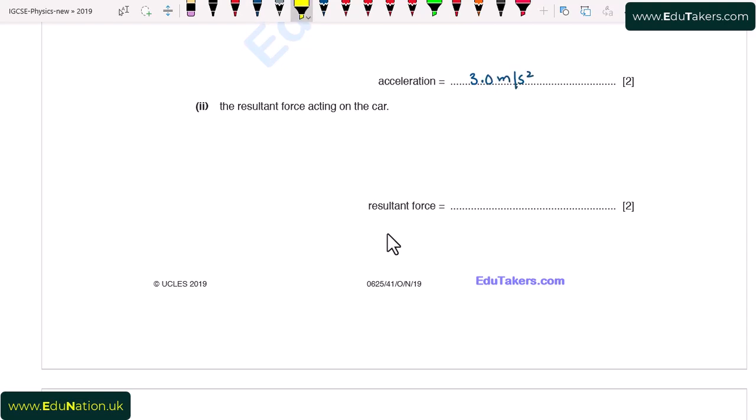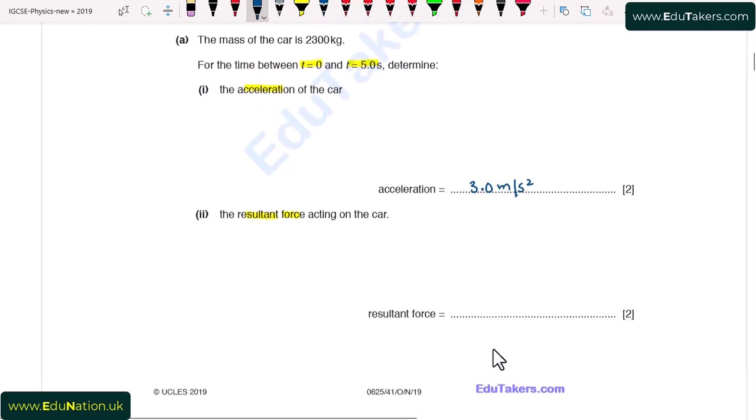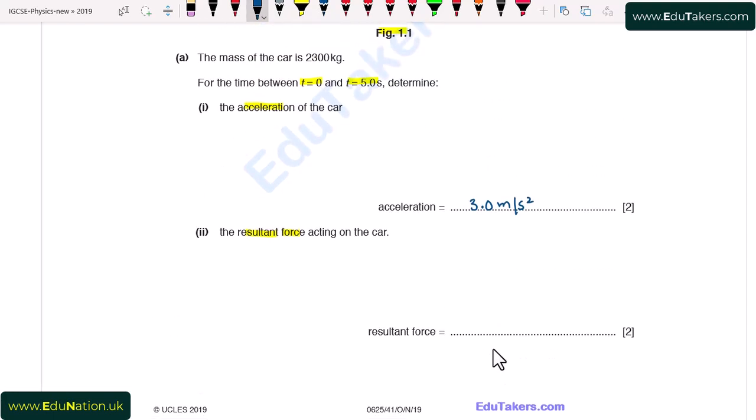Part 2. The resultant force acting on the car. Here we have to find out the value of the resultant force. In part 1, we are given that the mass of the car is 2300 kg and the acceleration we already found. By using Newton's second law of motion, F is equal to ma, where m is the mass and a is the acceleration.